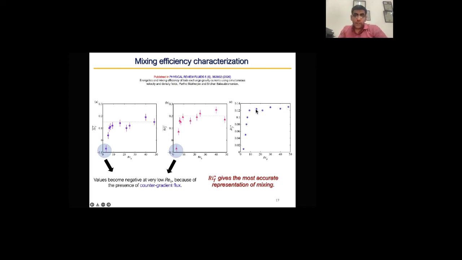If you only consider the irreversible mixing, then your mixing efficiency values are going to be very different, which is RIF star. Okay, so we were confident that RIF star actually gives the most accurate representation of mixing, as told by the DNS study, which was not for this kind of flow. Because that was for a very simple flow, we extended it for a slightly more complex flow.